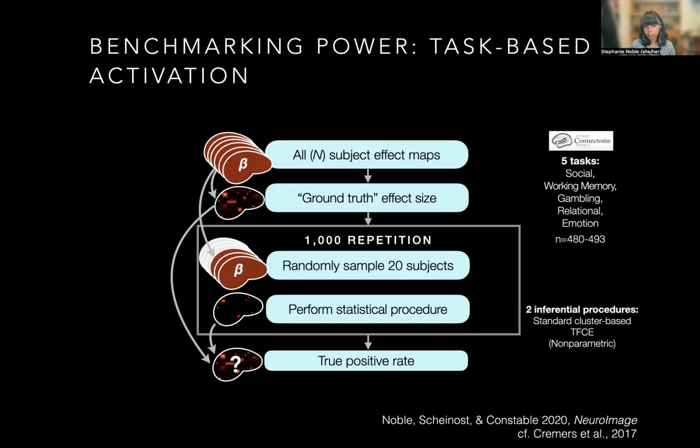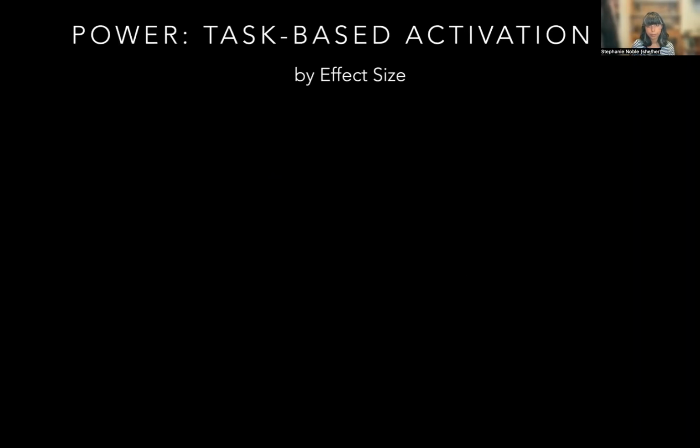Then we can look at the true positive rate by comparing the positives we observe across all those repetitions to the ground truth. I'd also like to note that we're looking at 5 different tasks in the Human Connectome Project, which range from about 400 to 500 subjects per task.